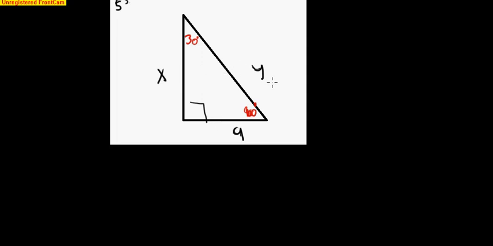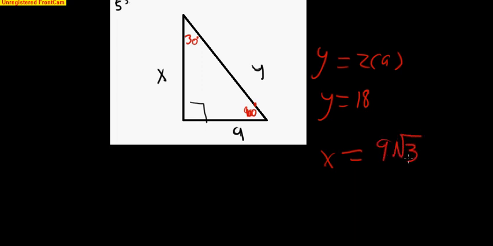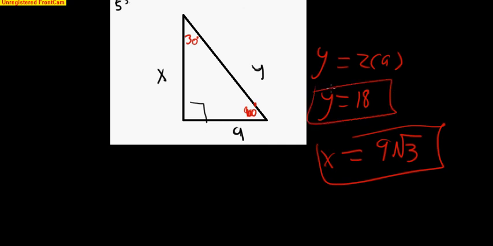So because y is the hypotenuse, we know that y equals 2 times the smaller side, which is 9. So y equals 18. Now we know x is equal to the smaller side, which is 9, multiplied by the square root of 3. So we know that x is equal to 9 multiplied by the square root of 3. So that's that. And we have both of these lengths we were trying to find.